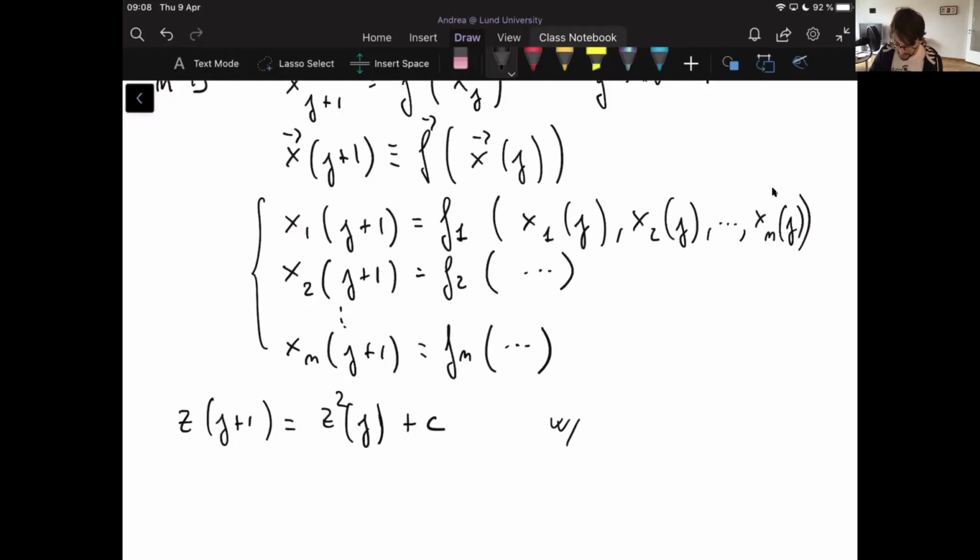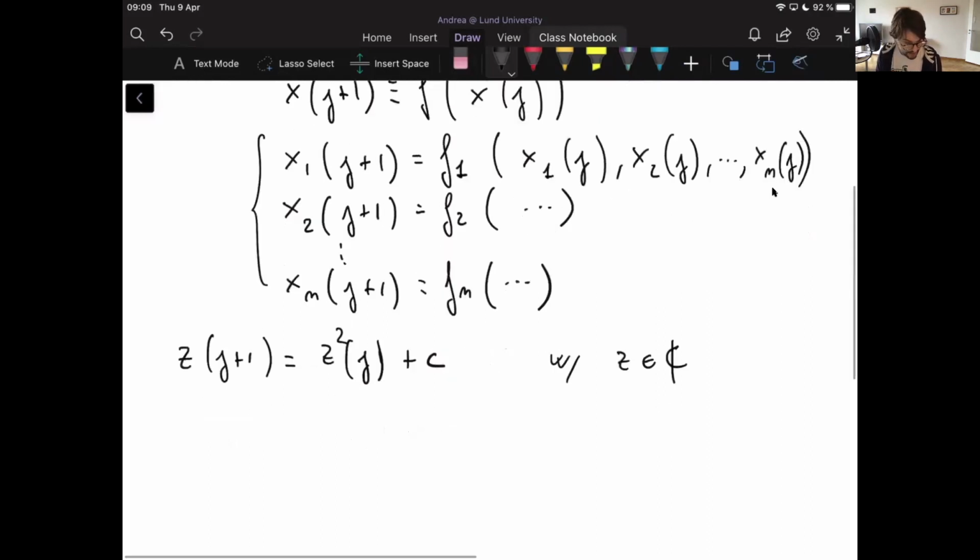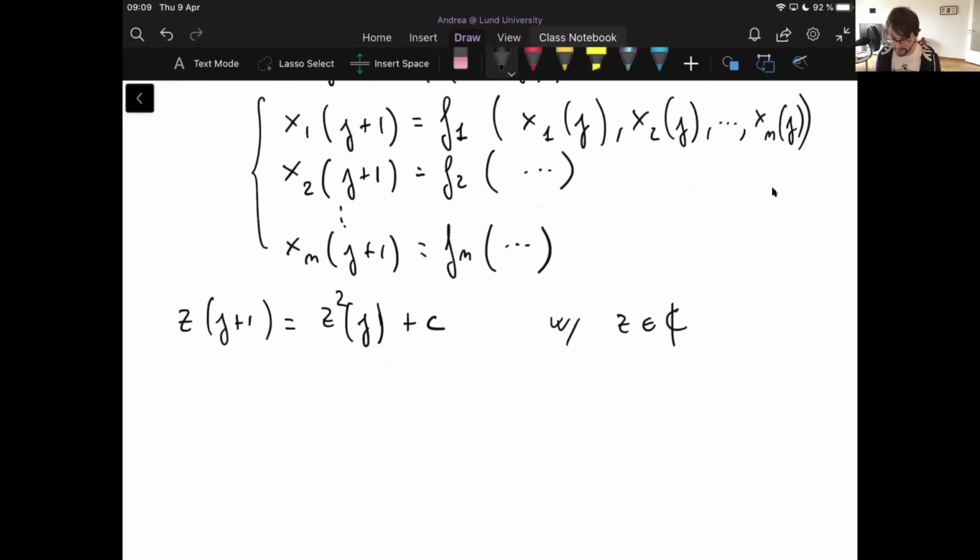It's very easy to see. If you take the quadratic map, you can demonstrate very easily that this corresponds to a map in 2 dimensions, and it has a very straightforward correspondence with the logistic map, by setting the real part of z equal to x1 and the imaginary part of z equal to x2.